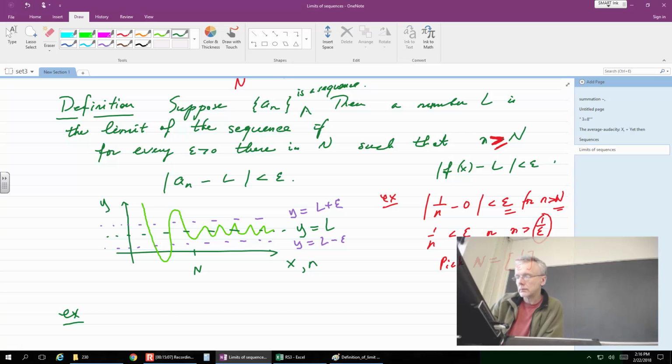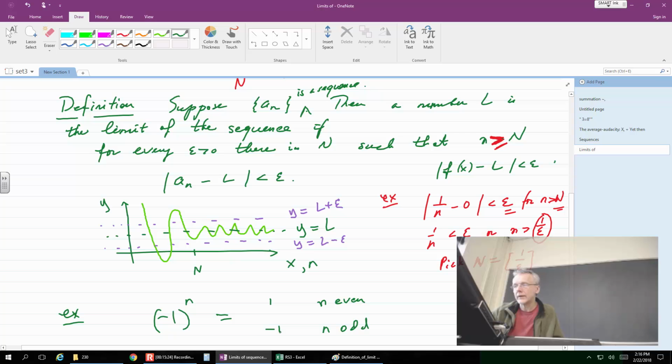Negative 1 to the power of n oscillates. When n is even, you multiply negative 1 by itself n times, so it's going to be 1, and when n is odd, you have negative 1. So this sequence oscillates between negative 1 and 1 infinitely many times, and nothing else.